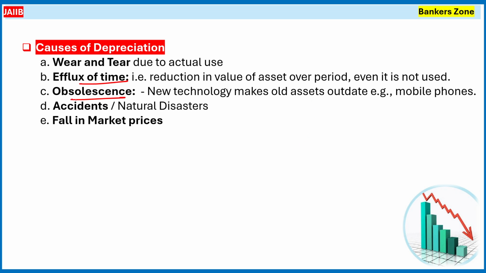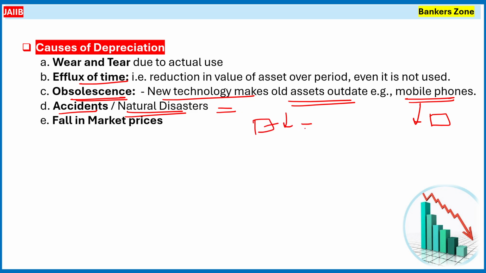Next is the obsolescence. Obsolescence means simply new technology makes the old asset outdated. For example, you purchase a mobile phone. The latest model will come into the market. Obviously the value of the old one will decrease. Next is an accident or a natural disaster happening to the asset. For example, you have a building, and that building collapses in a natural disaster like heavy rain.